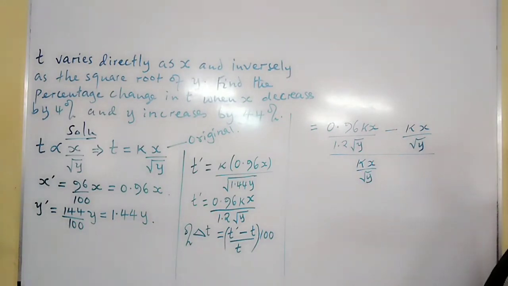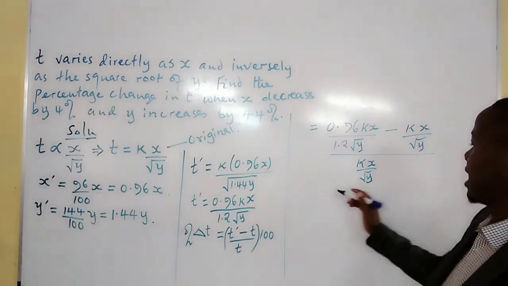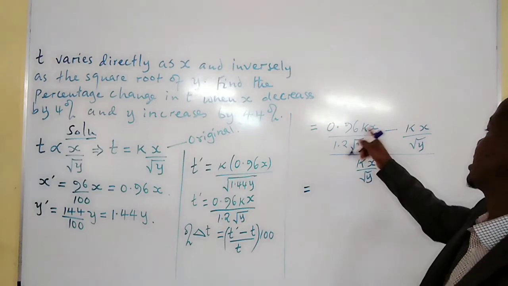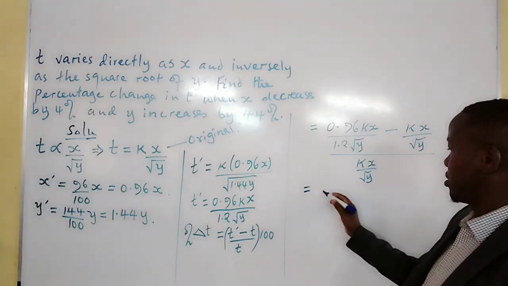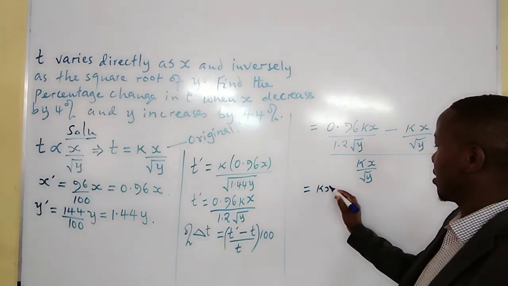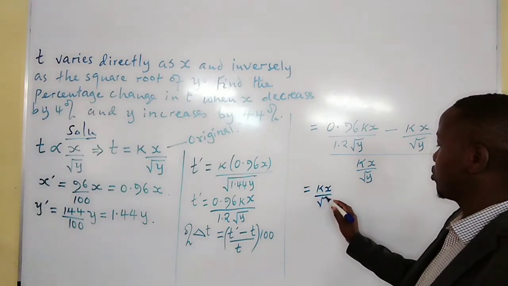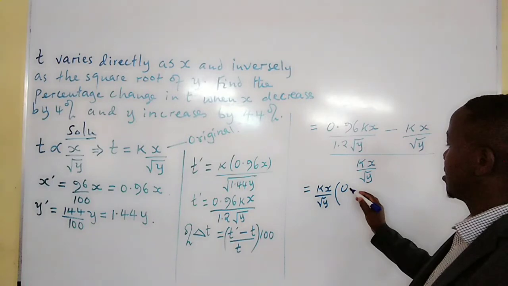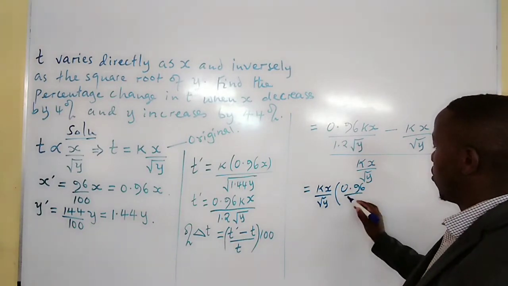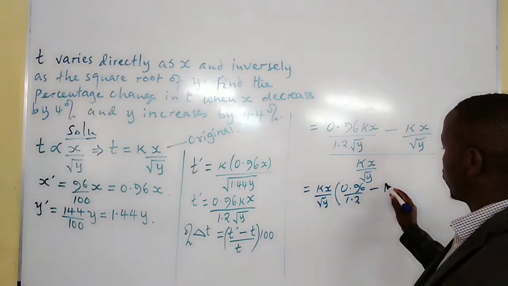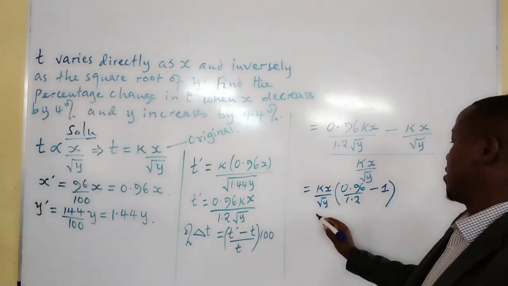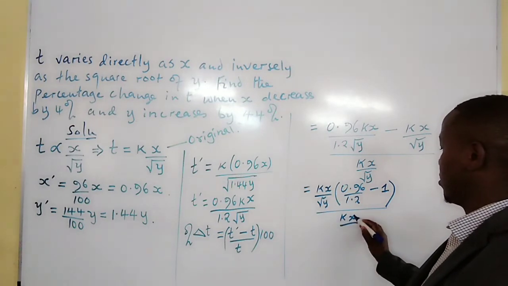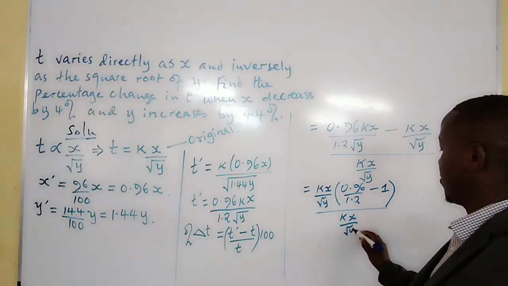So to get the percentage change, now we can factor out the constants and the variables. This will give us kx divided by root y in the numerator, times 0.96 over 1.2 minus 1, and then we divide all this by kx all over the square root of y.